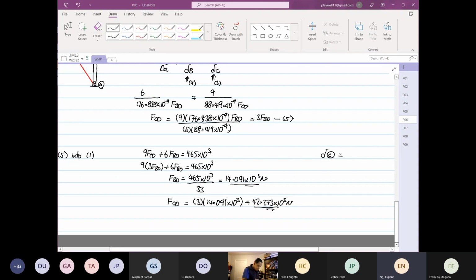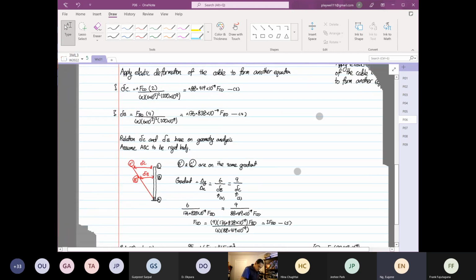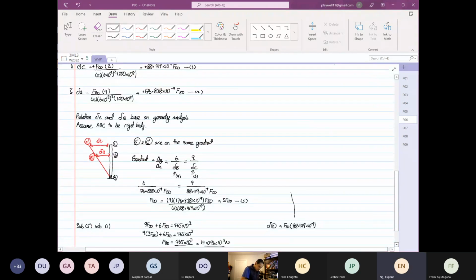So for the deflection, we already formed the equation. We have FC naught multiplied by 88.419 times 10 to the power minus 9. You can see this is from here.